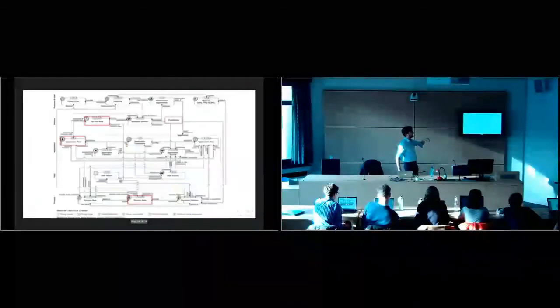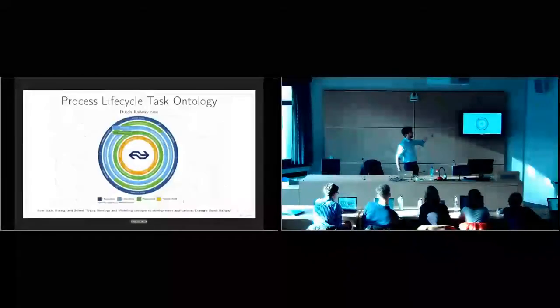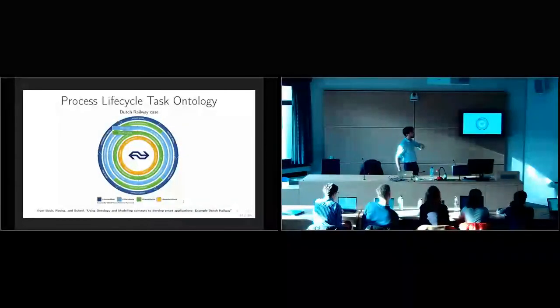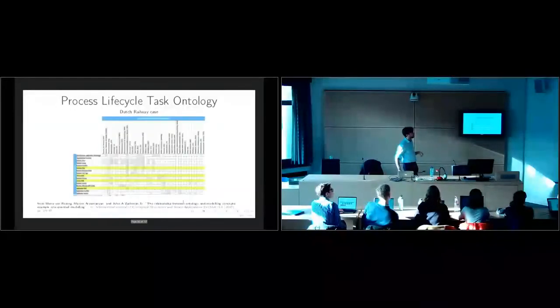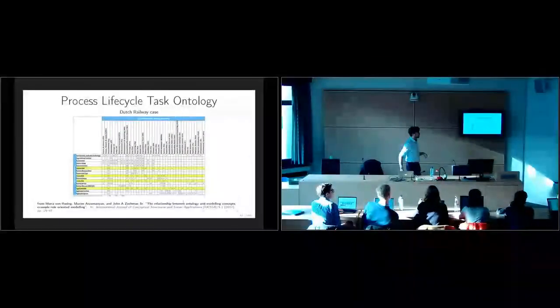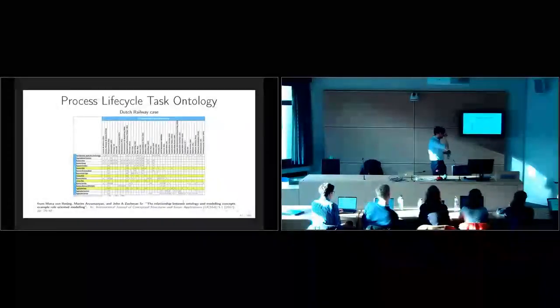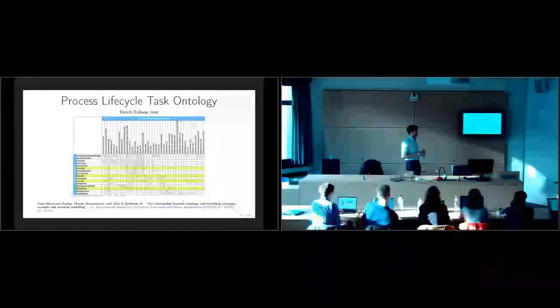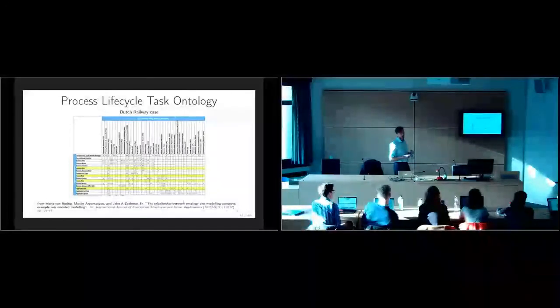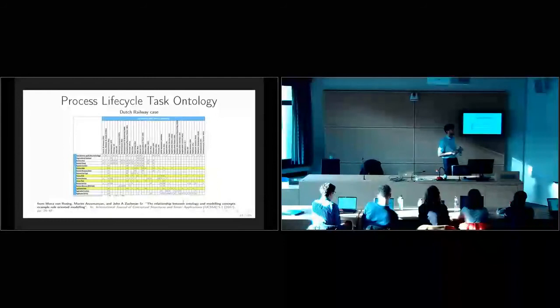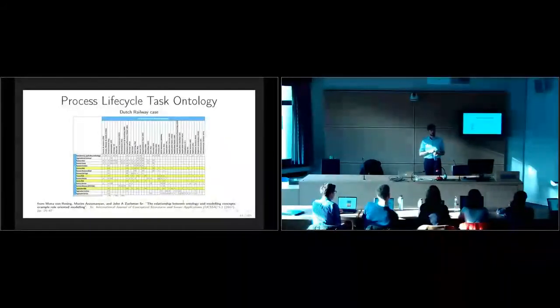So in the application ontology we saw here, we reused the ones in green from the process lifecycle. Okay, so the process lifecycle task ontology also relates to different kinds of models. So again, this is a very complex reality, our application ontology.